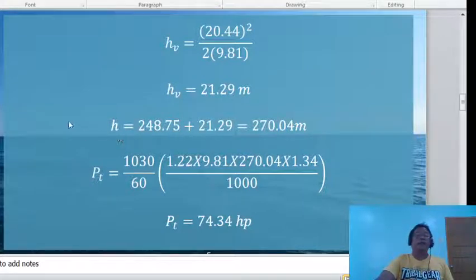And then getting now the total power, same formula: 1030 over 60, multiplied by 1.22, 9.81, 270.04, and then 1.34 to make it horsepower, divided by 1000. The total power now is 74.34 horsepower. So very easy, class.